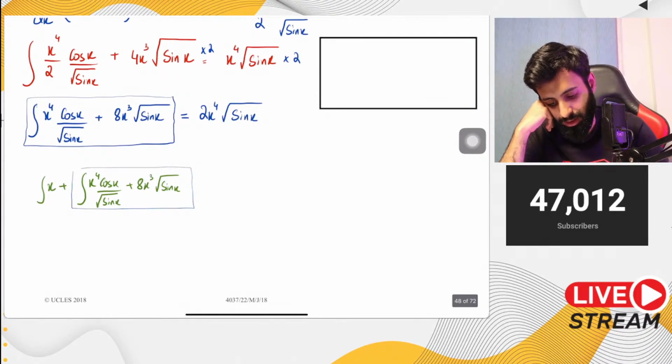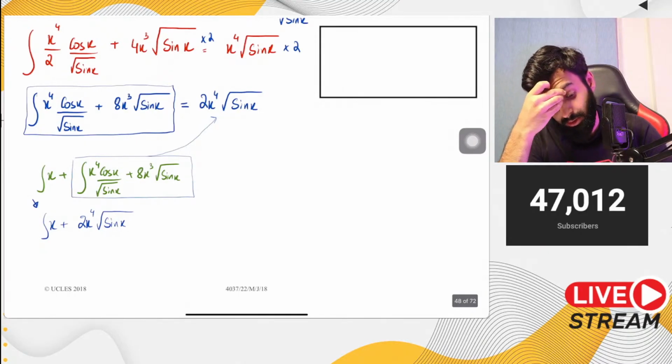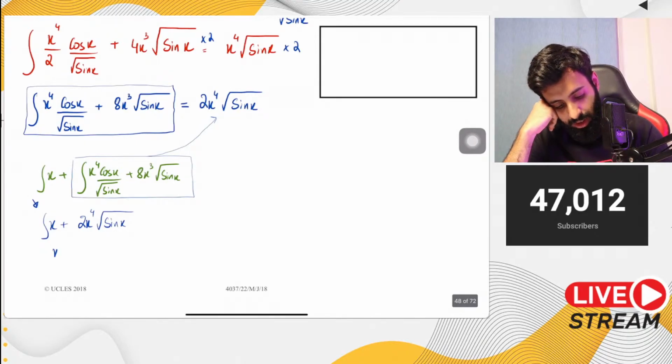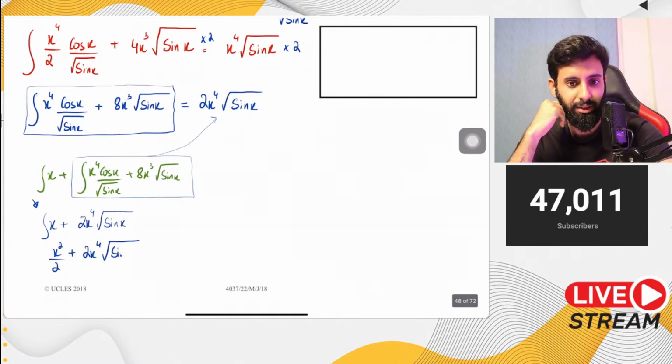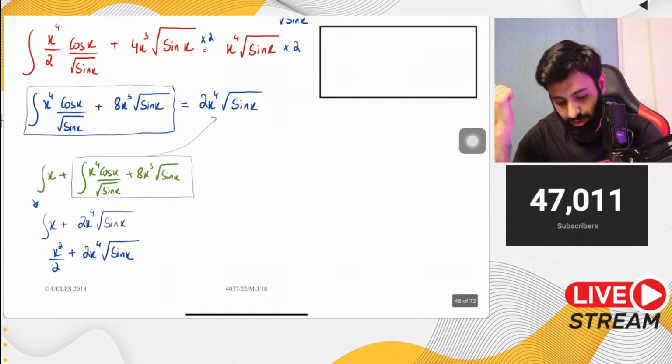So this is equal to the integral of x plus 2x power 4 into square root of sin x. What remains is only to integrate this x, which you can do easily. So it's going to be x square upon 2 plus 2x power 4 into square root of sin x, which is the correct answer.